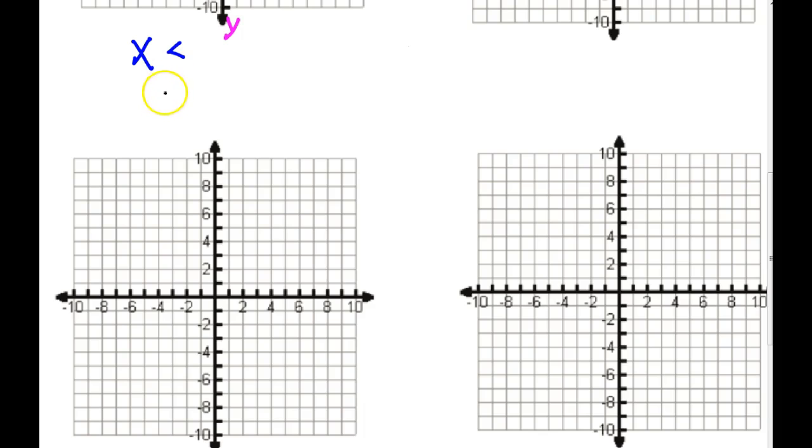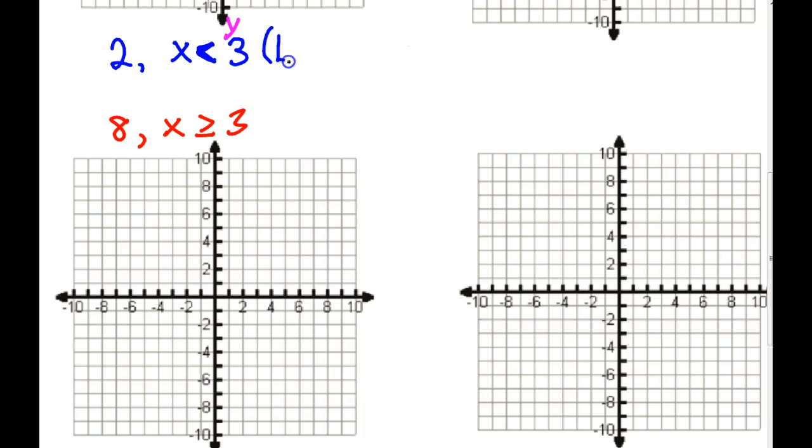So let's do, how about y = 2? And we're going to graph that everything less than, let's say, 3. And then we're also going to graph, let's see here, how about y = 8? And that's going to be everything greater than or equal to 3. So again, you can see I have one that's open, one that's closed for 3. So that's okay. So recall that less than goes to the left.